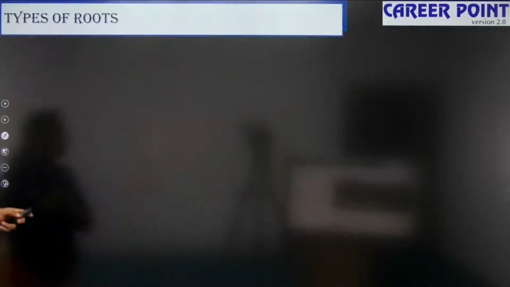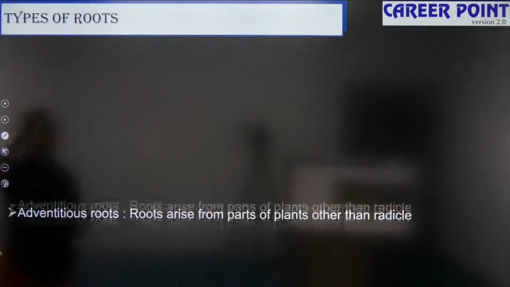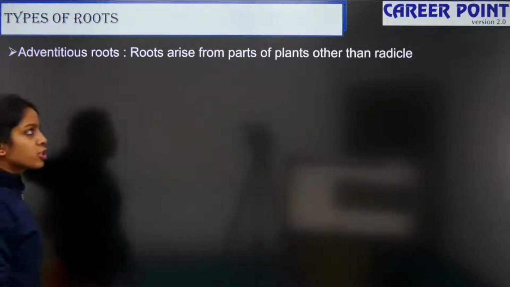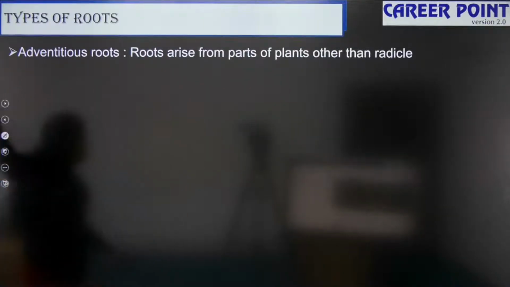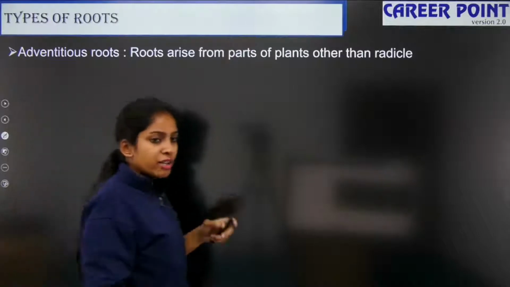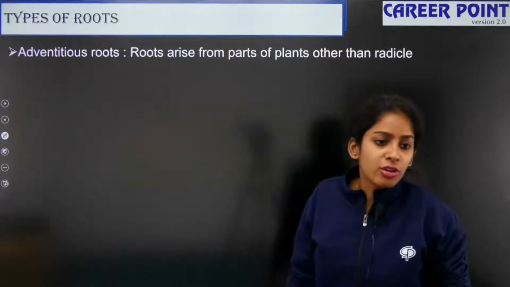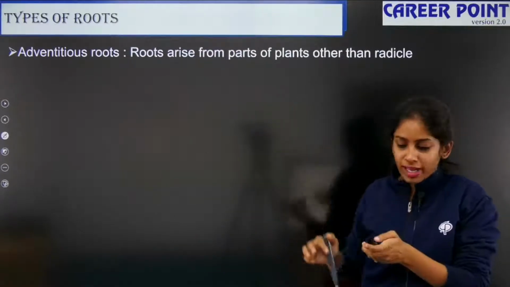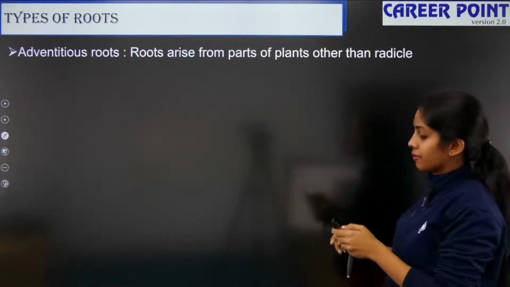Okay. So moving forward, the third type of root is your adventitious root. The roots arise from parts of the plant other than the radicle. Ma'am, even in your fibrous root, it is occurring from the base of the stem, so that is also other than the radicle, it is getting replaced.